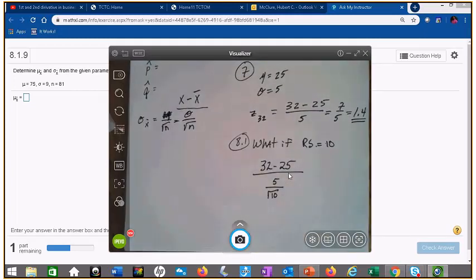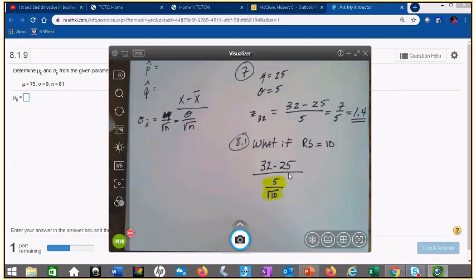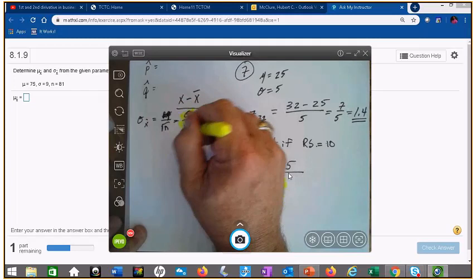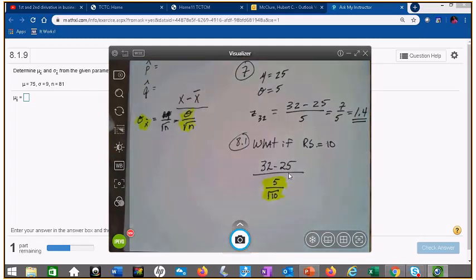I want to highlight that because that is what you're doing right here. That right there is what you're doing right here, and it's called the sigma dependent upon x bar.